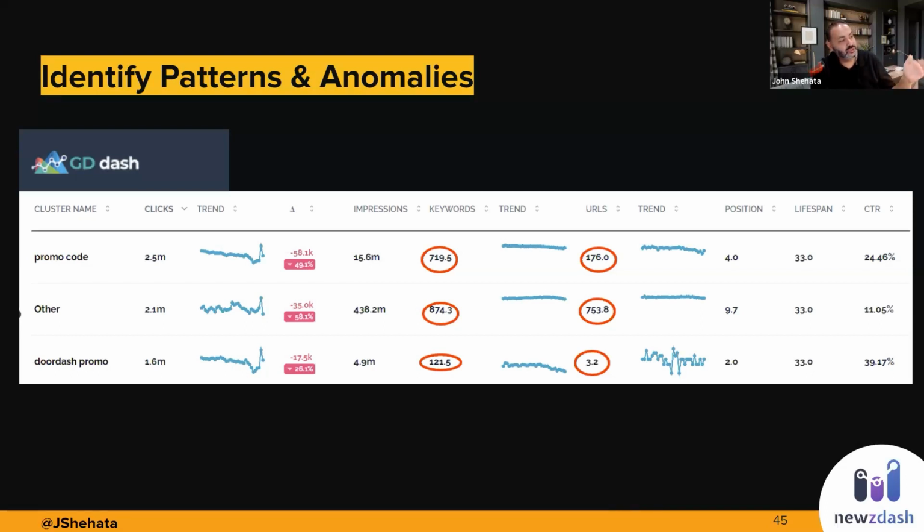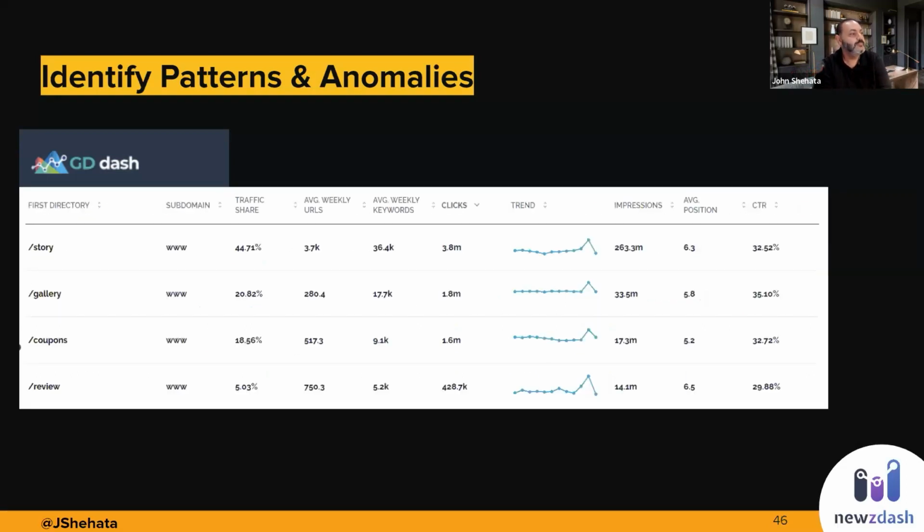You used DoorDash promos. You have 721 keywords in this trend, and you lost at this point 50% of your traffic. Okay, you need to go do something. You might have lost authority. Your URLs are bad, right? So this is a very quick view. Okay, this group of keywords is a problem.